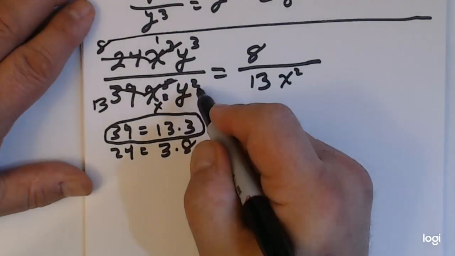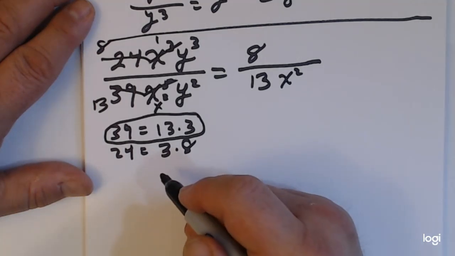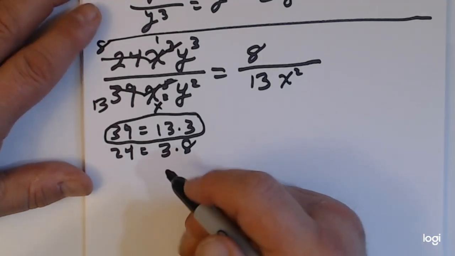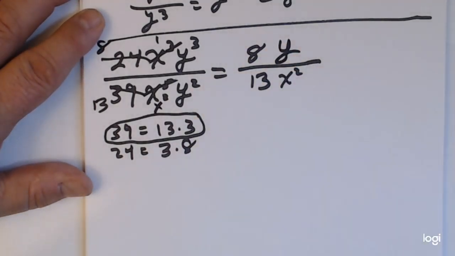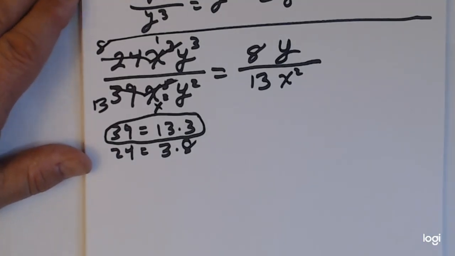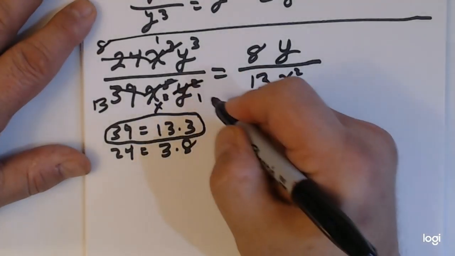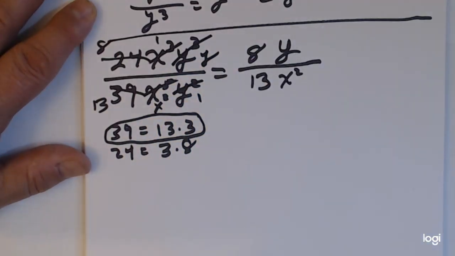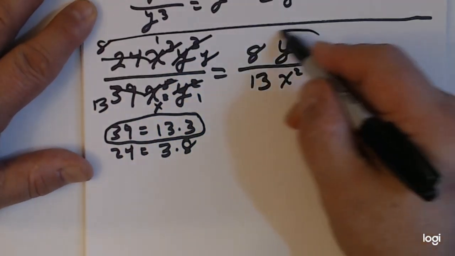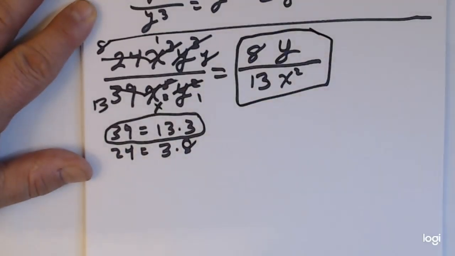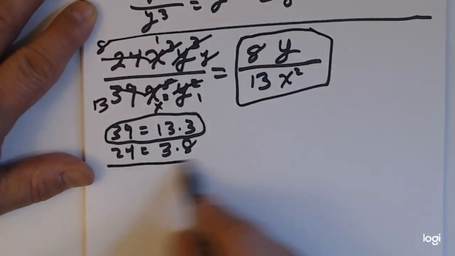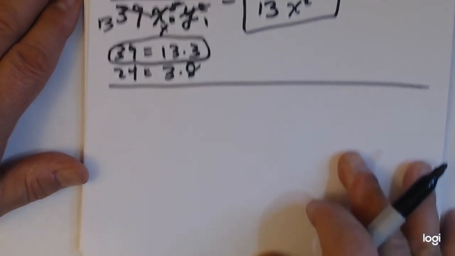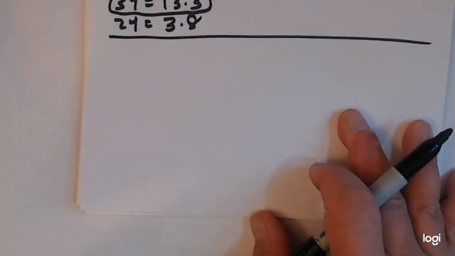And y cubed over y squared is y to the 3 minus 2, which is y to the 1. And there we go. So this goes into itself once and into y cubed y times. So our answer is 8y over 13x squared. And it looks like we have enough room on this page to do one more problem.